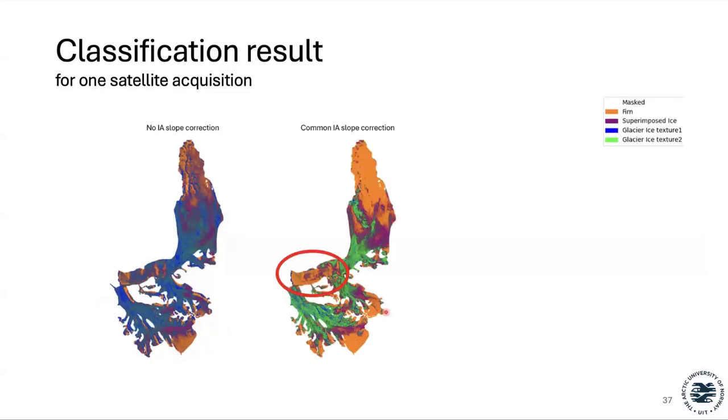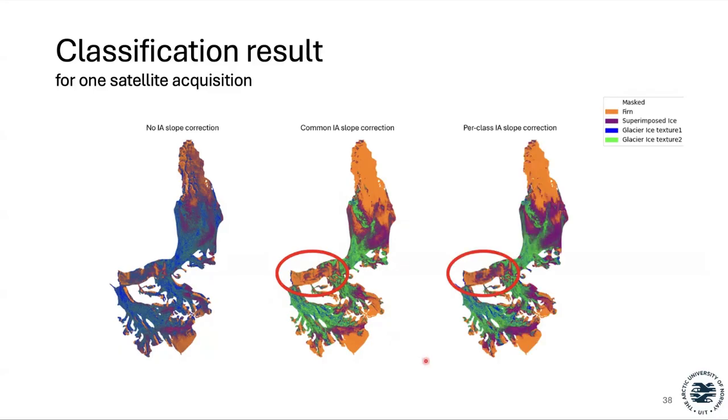This is the standard way of doing the correction, and you can see that you can already observe the different classes a lot clearer. And the red circle here are the crevasses. And this is implementing the correction that I developed in my master thesis, where you can see that there are quite some differences in how the classification is done, or like what the output is. And the crevasse area is still very much misclassified.